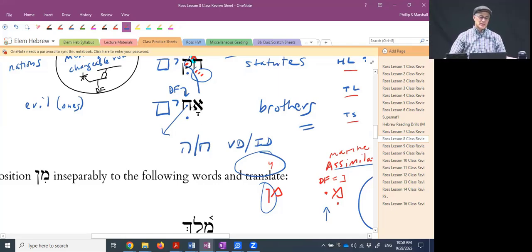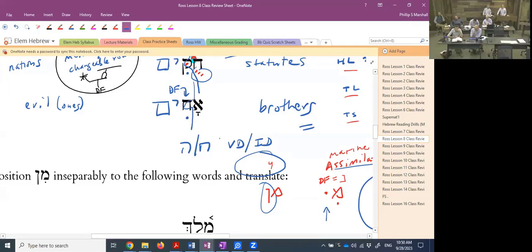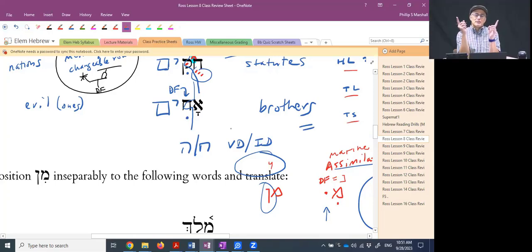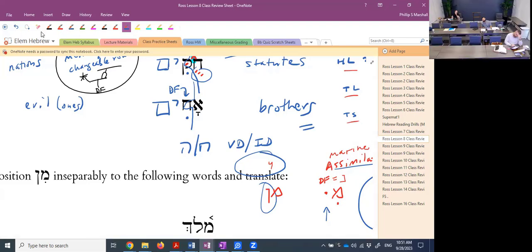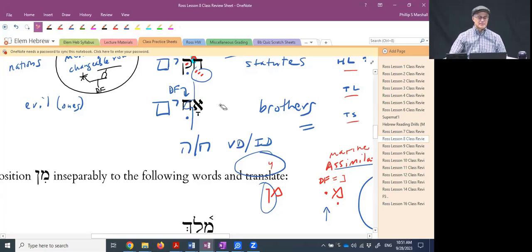So what does that mean? The chet is acting like it's doubled. The chet is acting like there's a dagesh forte, which means it's treating it like there's two chets, where the aleph and the qamets and the first chet go together in a closed syllable, and the second chet, the virtually doubled chet, opens the new syllable. Is this considered open or closed with virtual doubling?